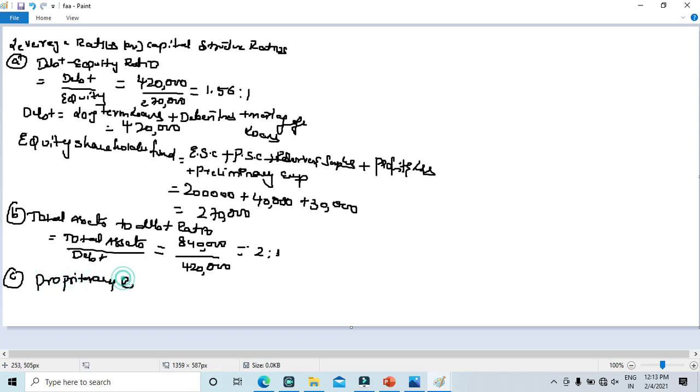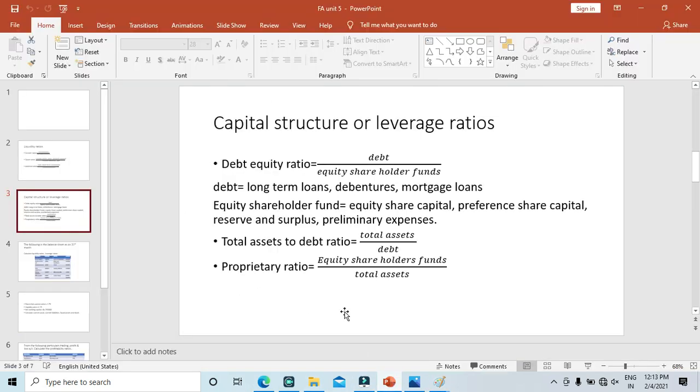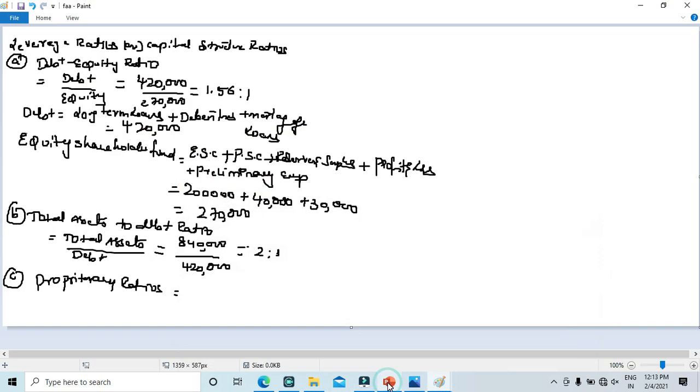Total assets to debt, total assets divided by debt, 8,40,000 divided by 4,20,000. Proprietary ratio, equity shareholders funds divided by total assets. These are important. If you have not understood any point or concept, you can message me or WhatsApp me and clear it. We'll do more problems.